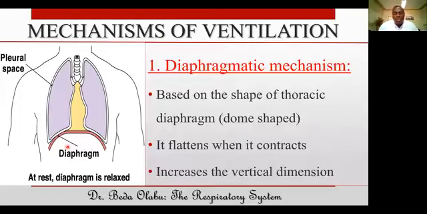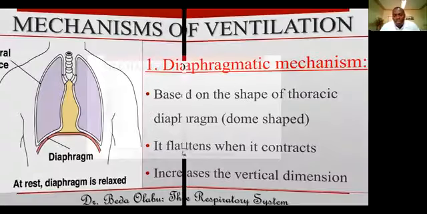If you increase the vertical dimension, you're going to increase the volume of the chest cavity. And that means that the pressure will go down, and so air can rush into the lungs. Take note that this diaphragmatic mechanism constitutes 60% of normal breathing. So 60% of normal breathing is due to the mechanisms contributed by the thoracic diaphragm.